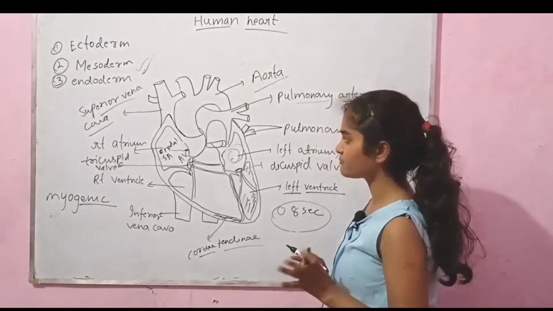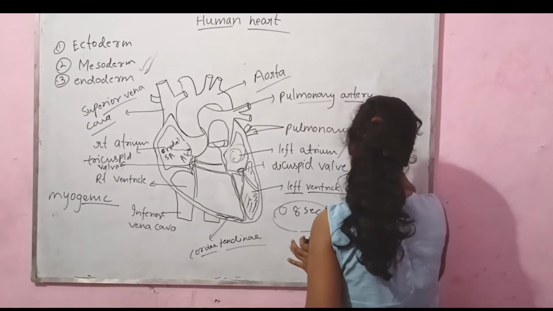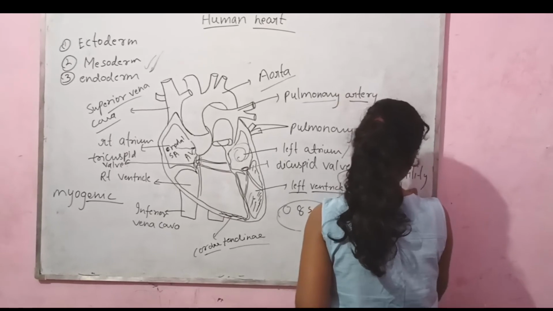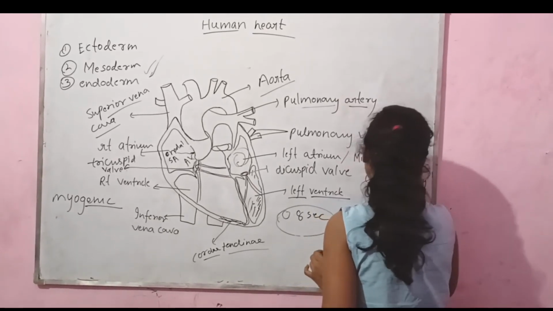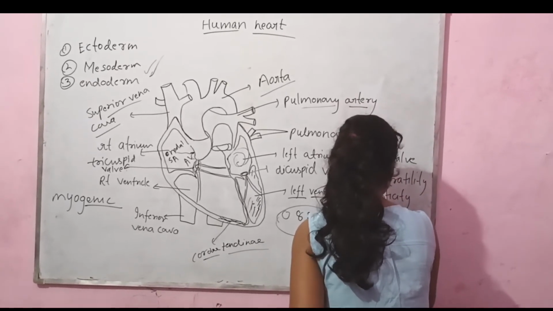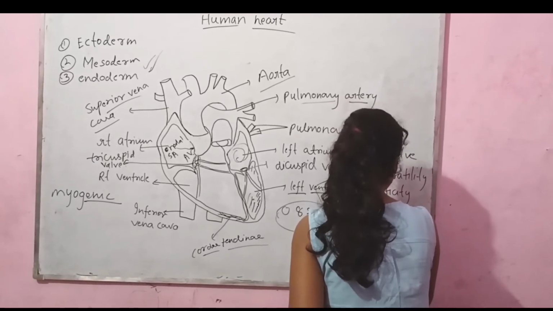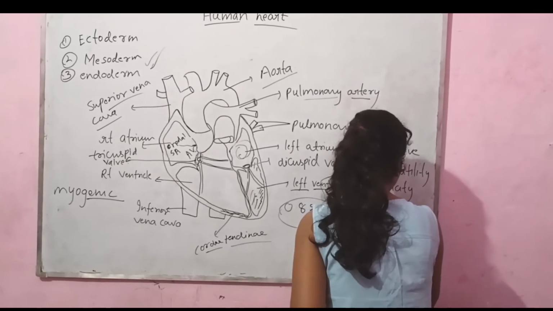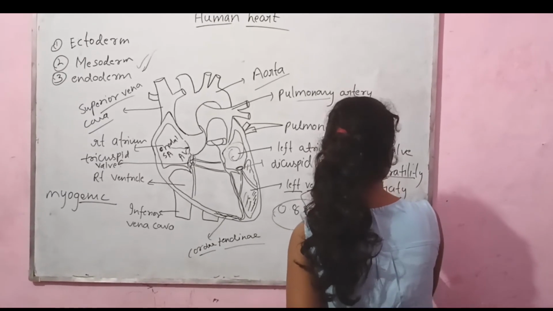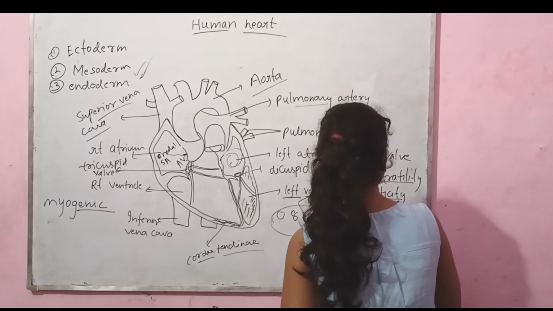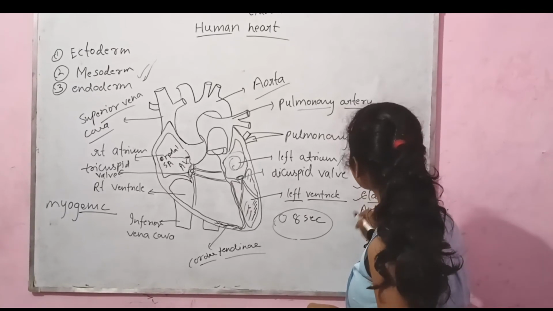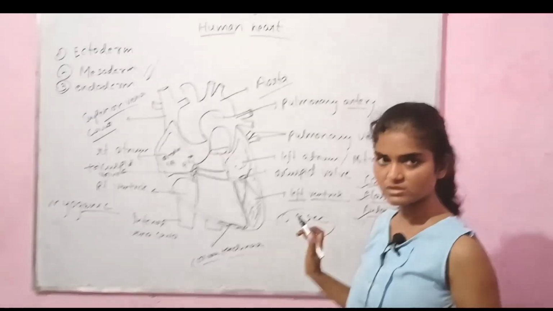Then the main properties of the heart are contractility, elasticity, and automaticity. Contractility means it contracts itself.